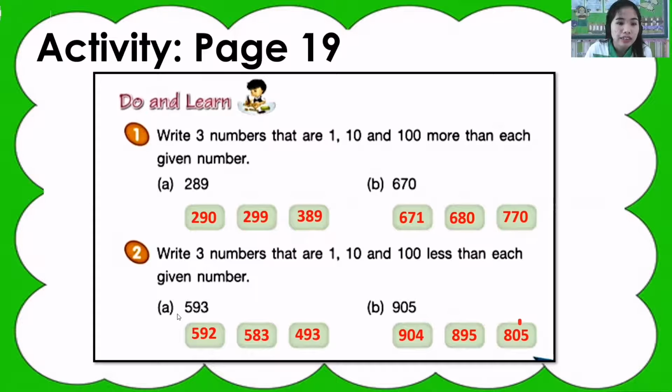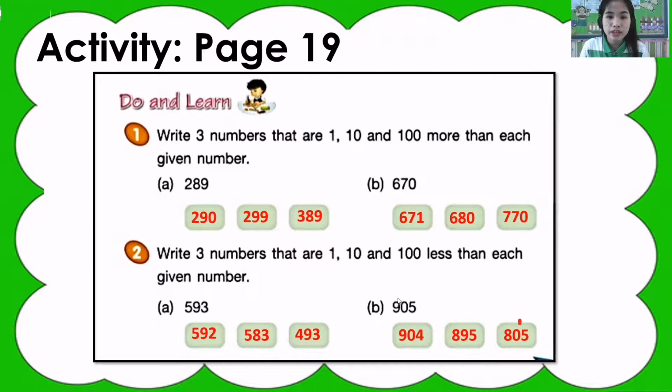Okay. In letter A, that is 593. If you will subtract minus 1, that is 592. On the second box, 593 minus 10, that is 583. And the third box, 593 minus 100, that is 493.